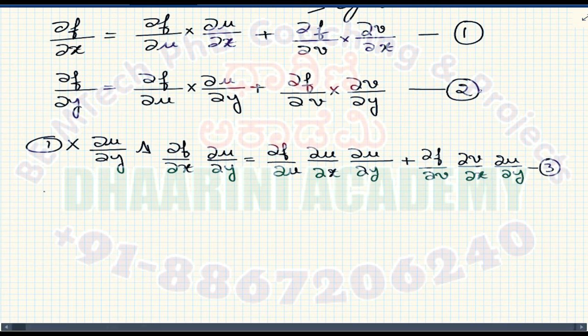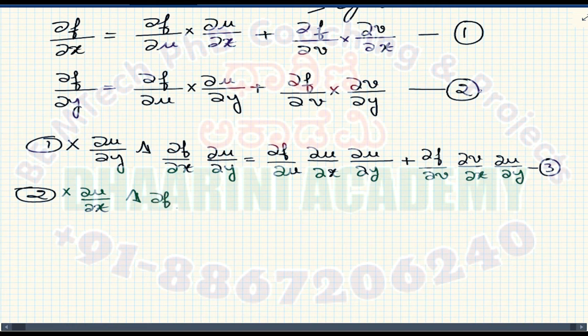Similarly, I take equation number 2 and multiply by ∂u/∂x. So the second equation is getting multiplied by ∂u/∂x.